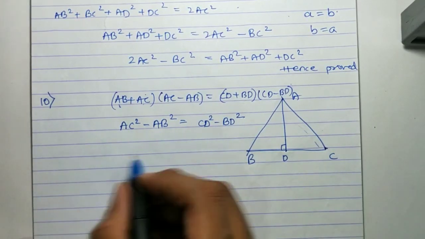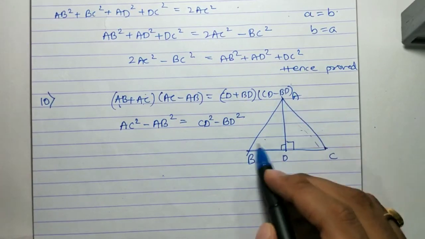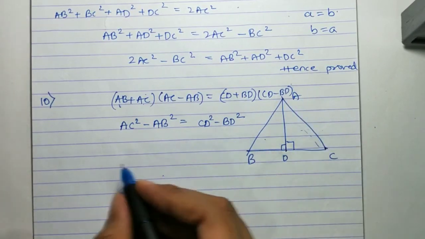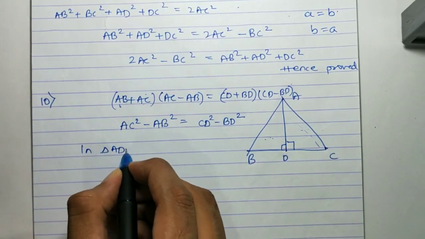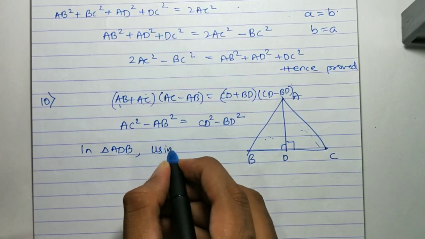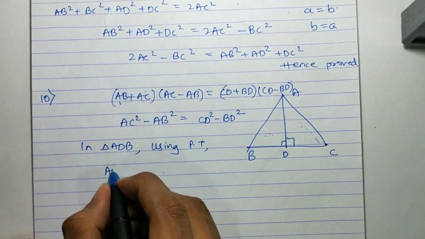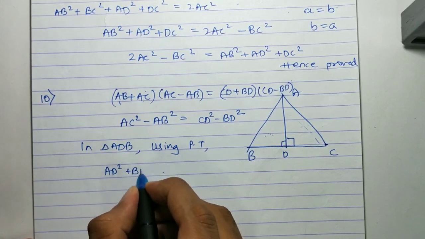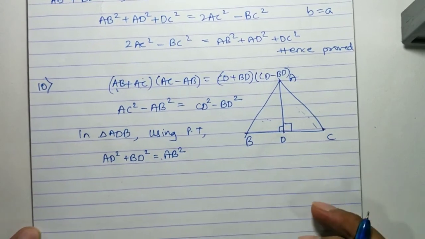Now using this I can prove what I want. So let's start the proof. Now there are two right angle triangles. Let's apply Pythagoras theorem in both. In triangle ADB, using Pythagoras theorem, AD square plus BD square equals AB square.